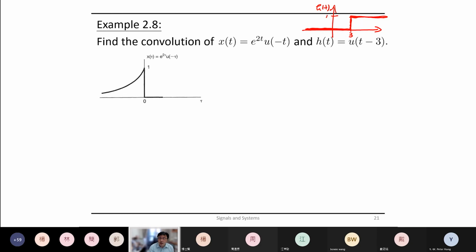Okay. Now this is a little bit tricky, right? Because the rising point is not at the origin, right? So you have to be careful with this. When you perform a time reverse, this edge now appears at -3. So then when you shift to time t, the edge will occur at t -3, right?